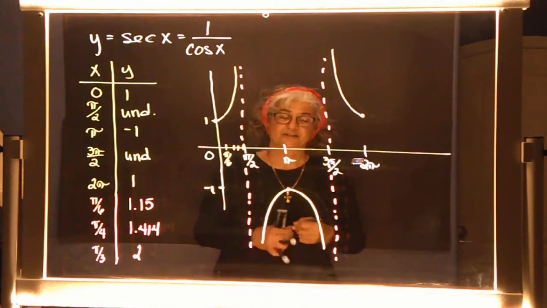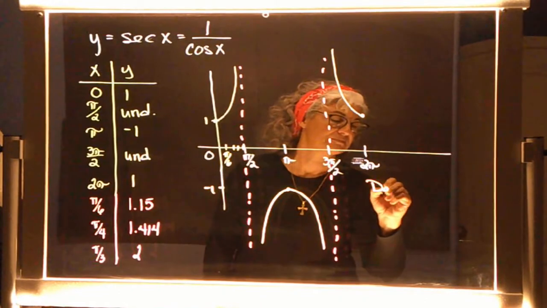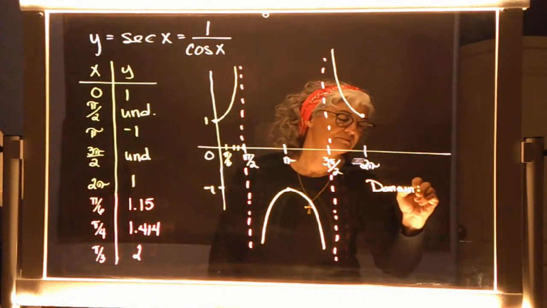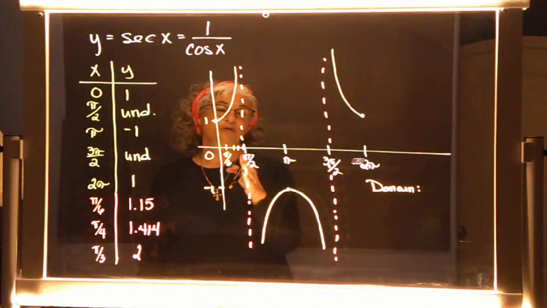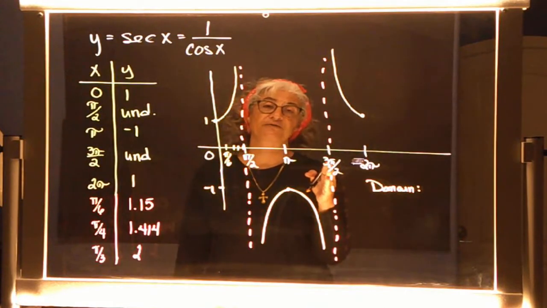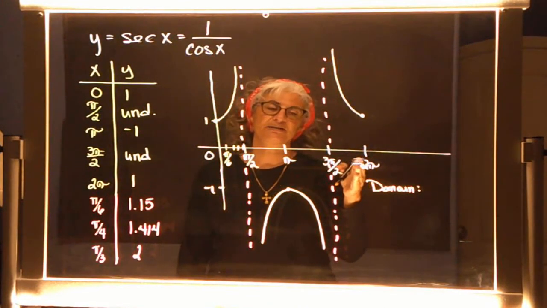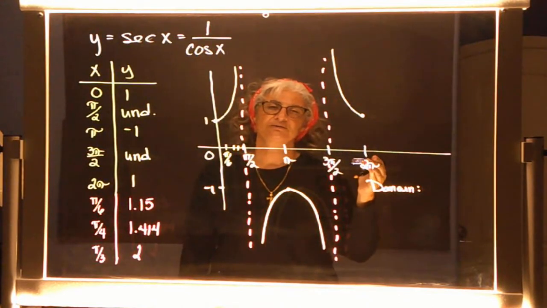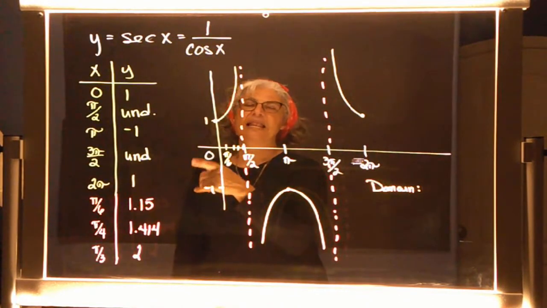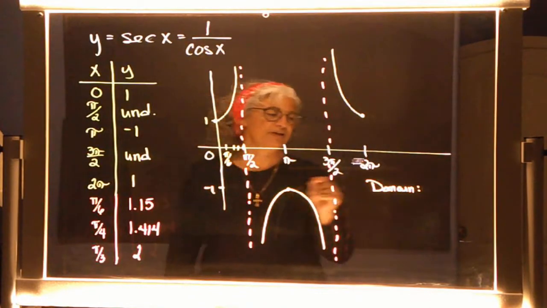Now, let's find the domain. Notice I have asymptotes at pi over 2, 3 pi over 2. What would the next one be at? Yeah, 5 pi over 2 and then 7 pi over 2. What about in the negatives? Negative pi over 2, negative 3 pi over 2. So here's the deal.